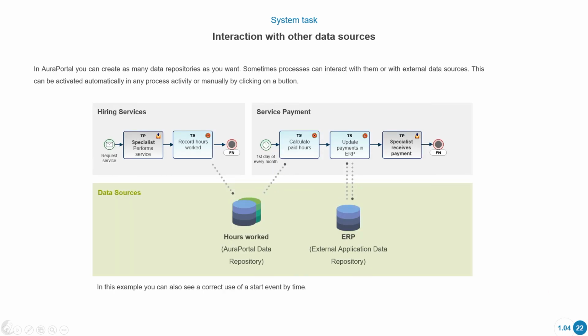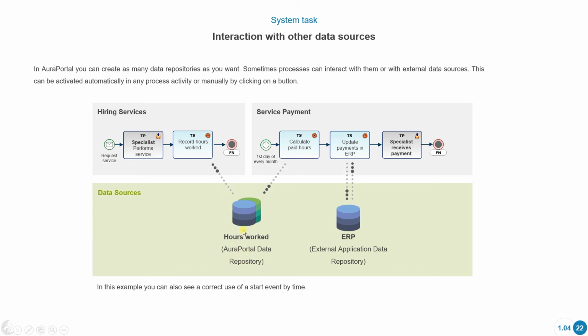In Autoportal, you can create as many data repositories as you want. Sometimes processes can interact with them or with external data sources. This can be activated automatically in a process or manually by clicking a button. Let's say we have a hiring service process, and once this process finishes, we store all the information in this data source, a data repository in Autoportal.